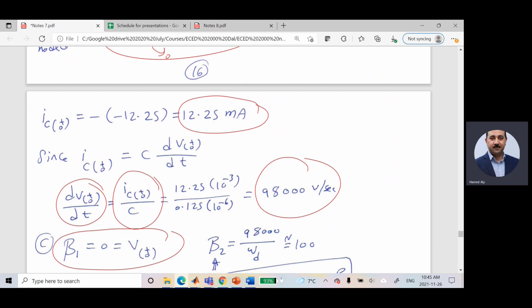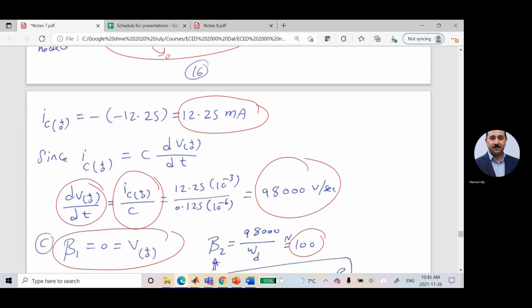Then I will find the derivative of v with respect to time at t equal to 0 and substitute for finding beta 2. If you try to find beta 2, approximately it is equal to 100.